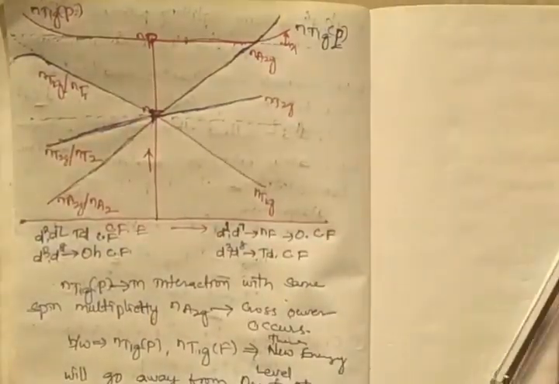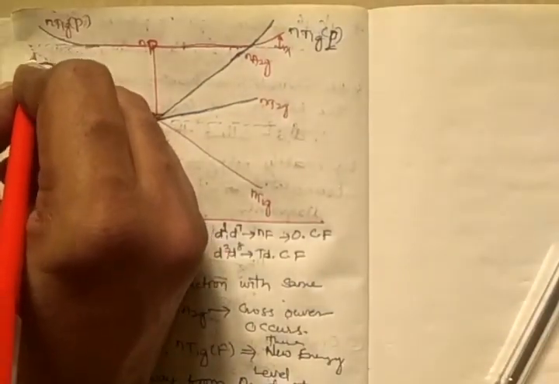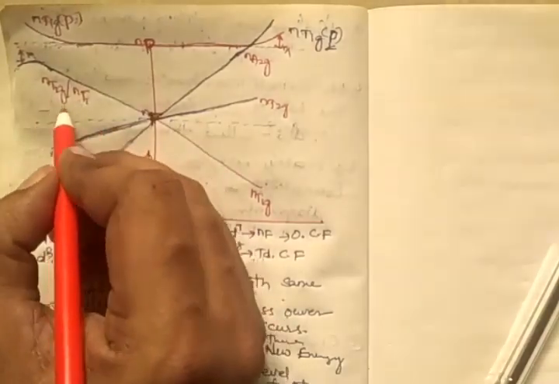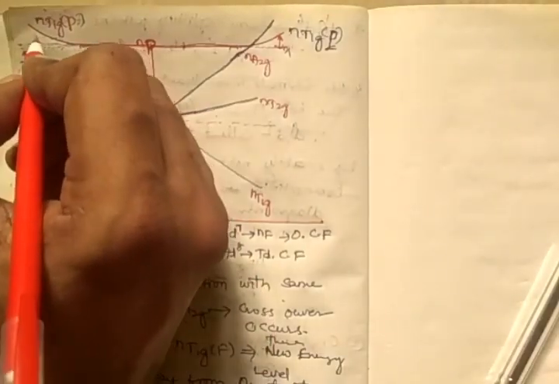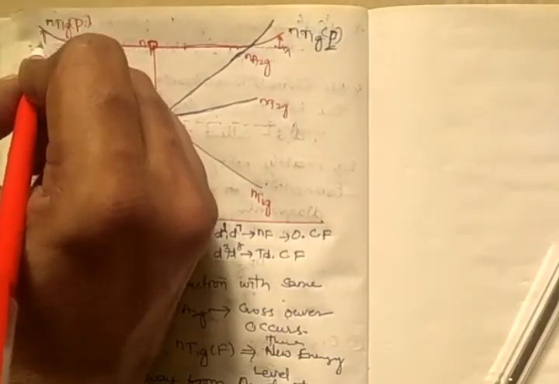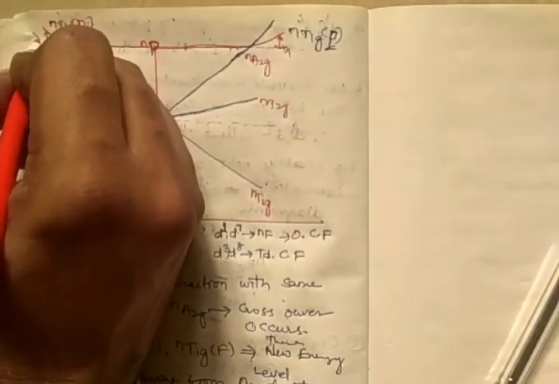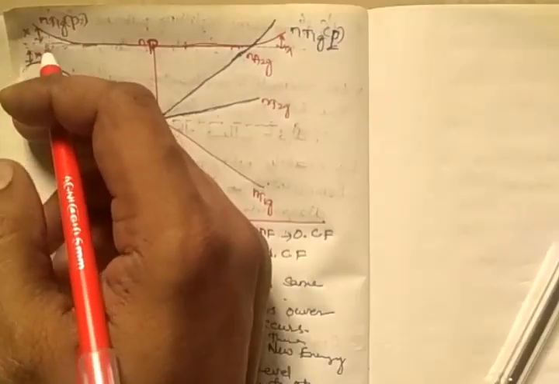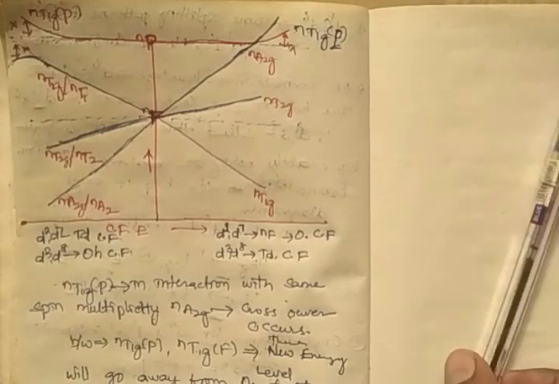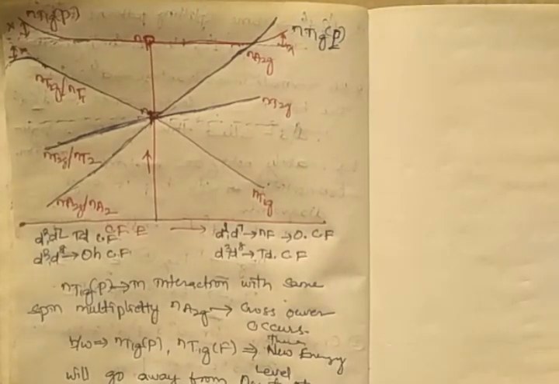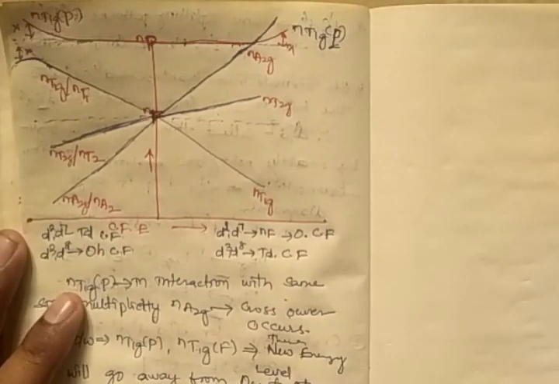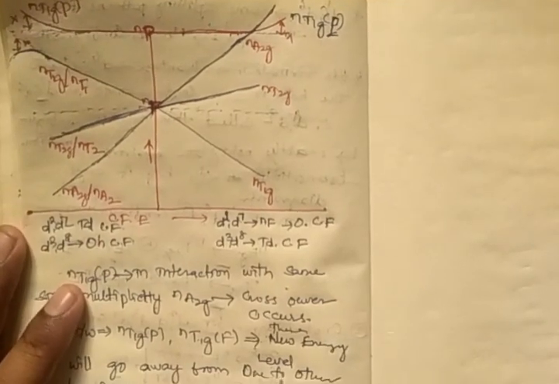The curvature will be the same extent. How effectively the T1G of F term lowers its energy, the T1G of P will be excited by the same amount.